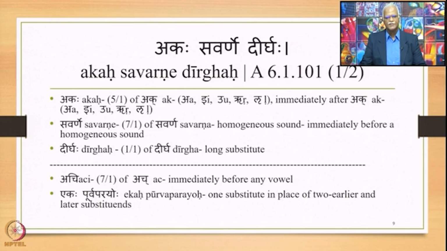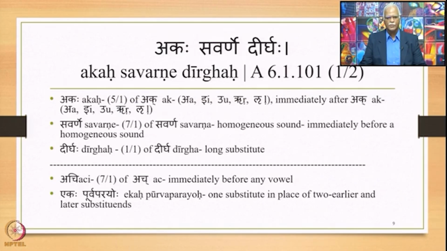We also, while studying the concept of Savarna, noted down which sounds are not to be considered as Savarna as part of Najhalau and also the traditional interpretation. So coming back to Savarne, Savarne means immediately before a homogeneous sound.